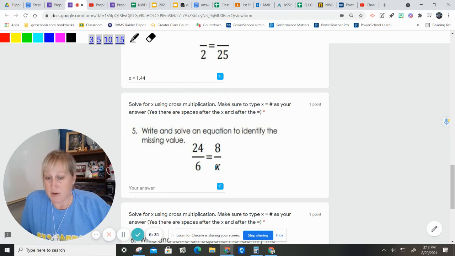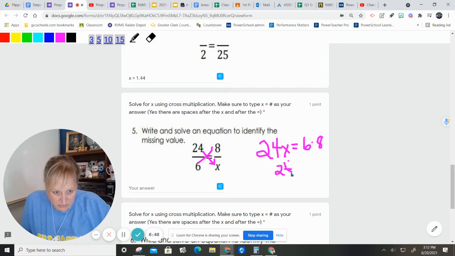I'm going to multiply my x first. Do you have to do that? Nope. It's just a weird thing I like to do. So 24x equals 6 times 8. I already know this answer. So 24x equals 6 times 8 is 48. I did not need a calculator. I'm going to divide both sides by 24.